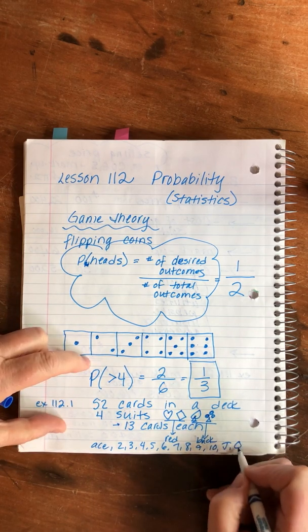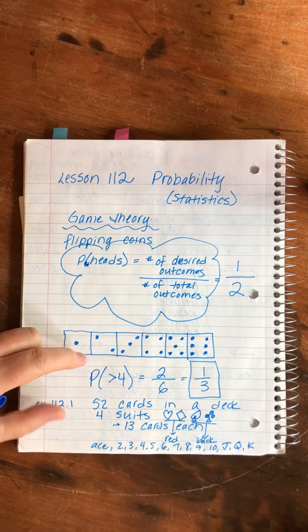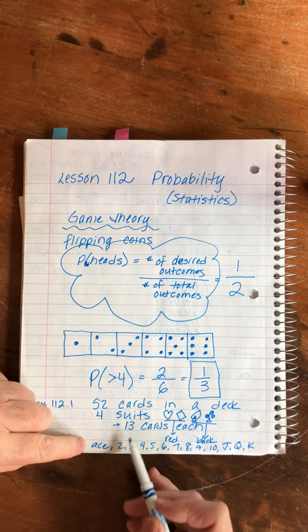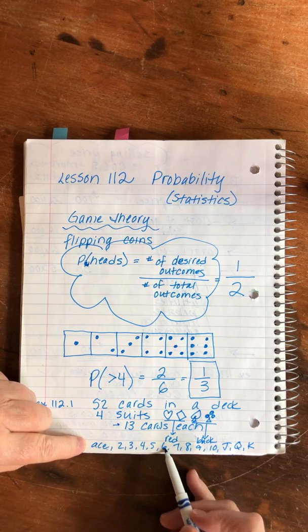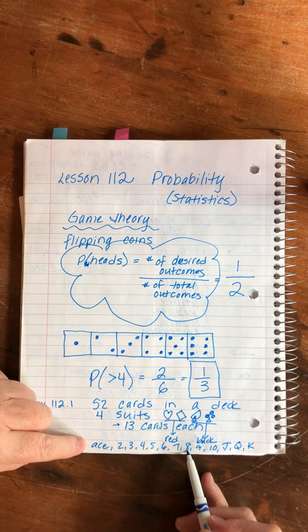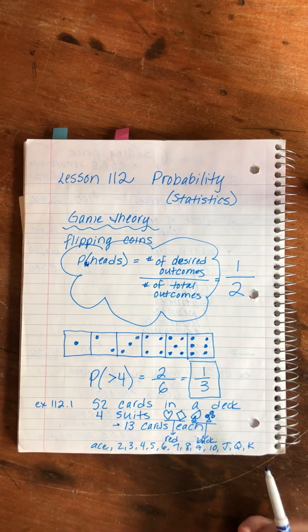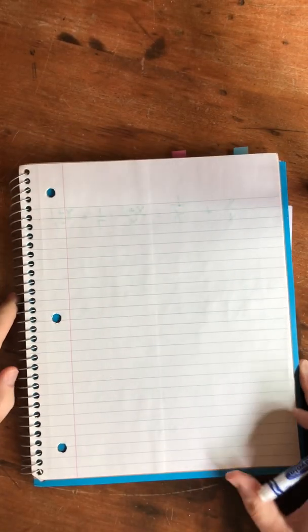Jack, queen, king. So those are the 13 cards in each suit. So there's like a 6 of hearts and an 8 of clubs. There's 4 of each one of these in the deck. Okay, now that's on the other page and we just have to remember it. We can't look at it.